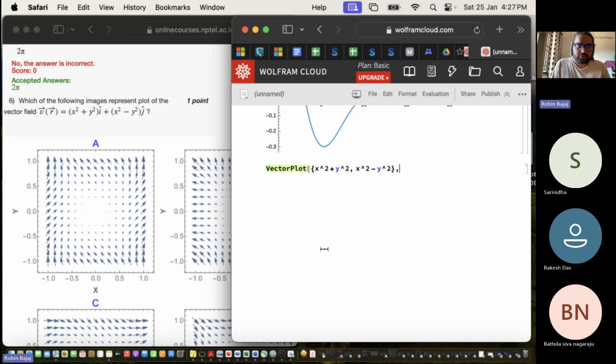And I want to plot it from -1 to 1 in both, x minus 1, 1, y minus 1, 1.